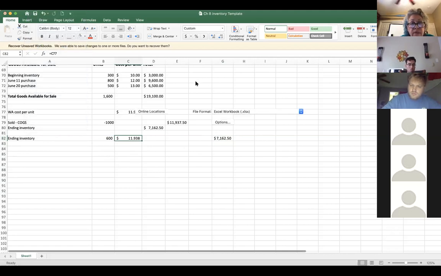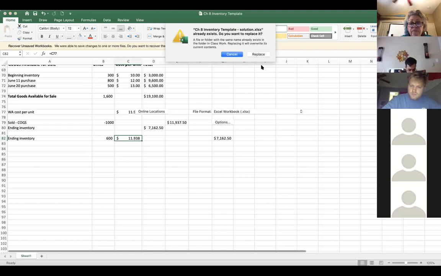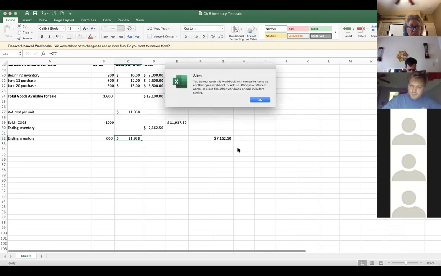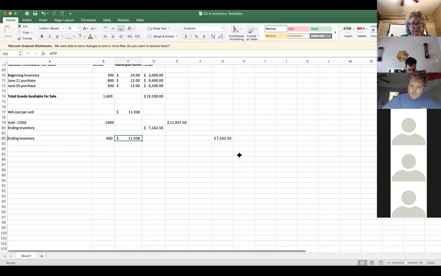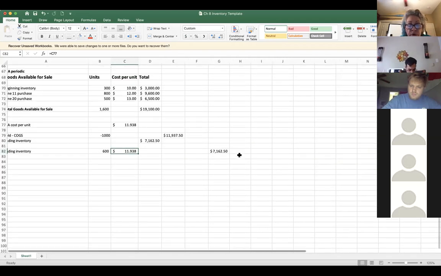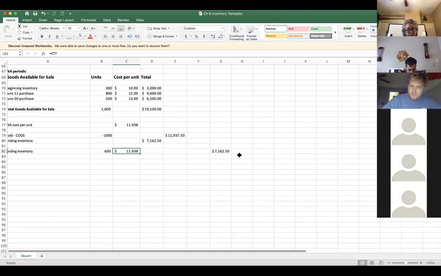So let me get this saved as dollar value, inventory, template solution. Okay. So now let's move on to dollar value LIFO.